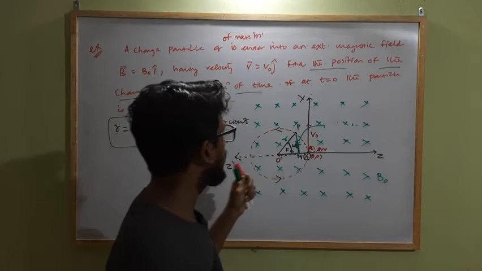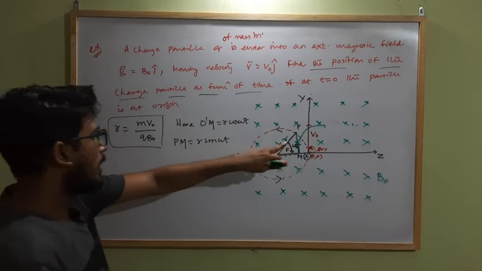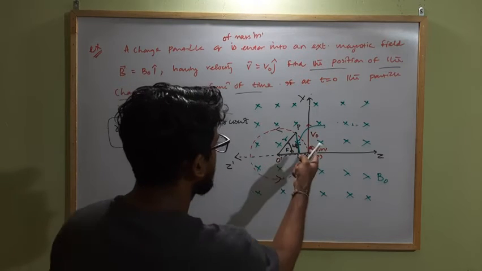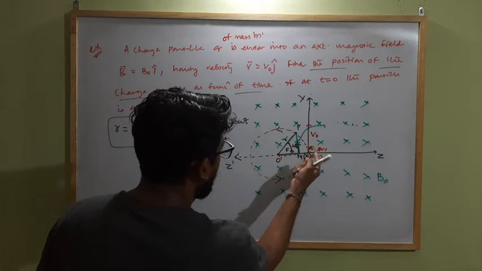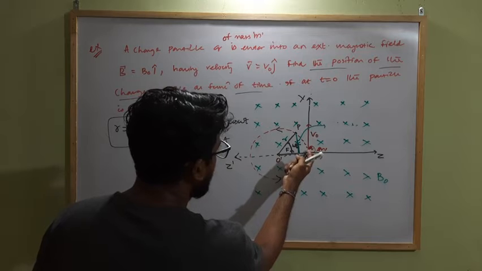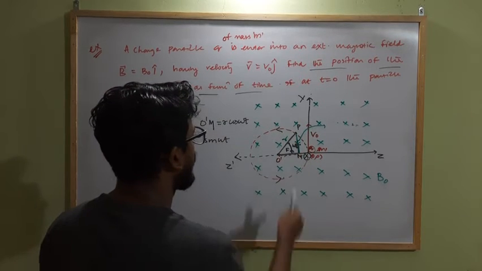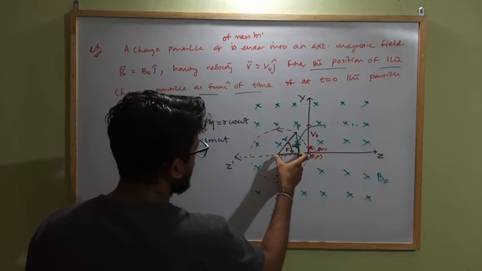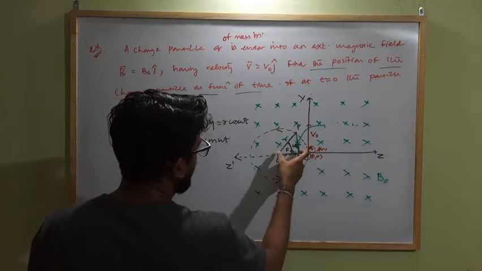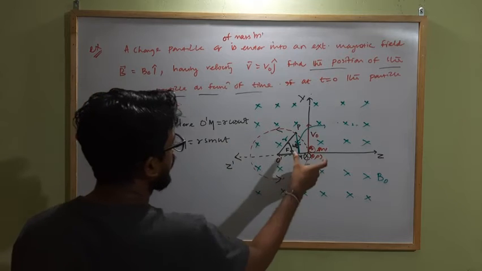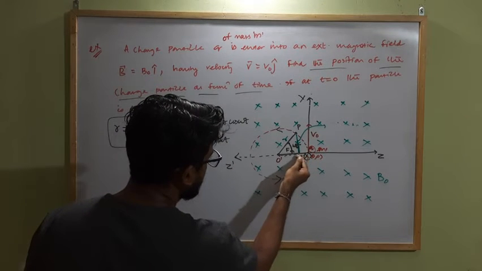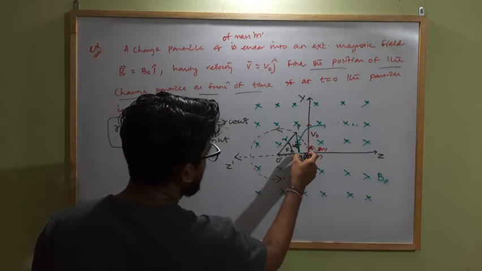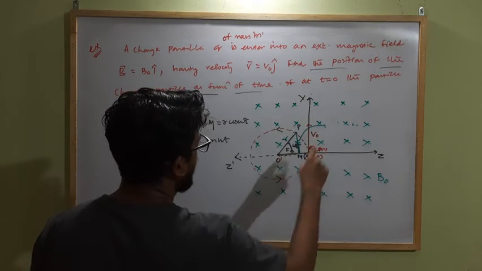So what do we have to calculate? The position of the point charge particle at any instant of time t. Initially it is at the origin, and at any instant of time t it is at point P. So what is the coordinate of point P? This length OM will be R sin omega t. So the coordinate along the z axis will be this much, origin to M. This will be the z coordinate and this will be the y coordinate.